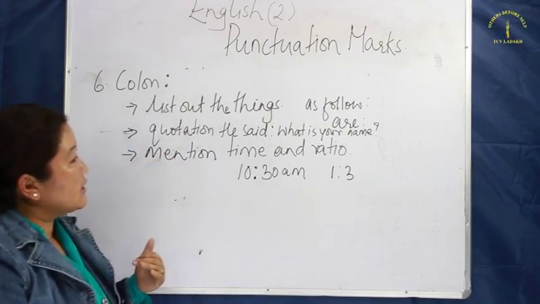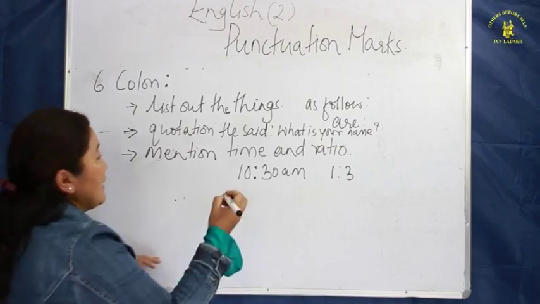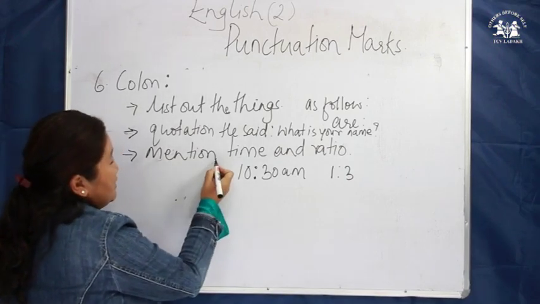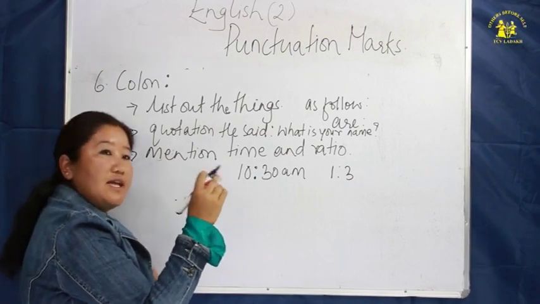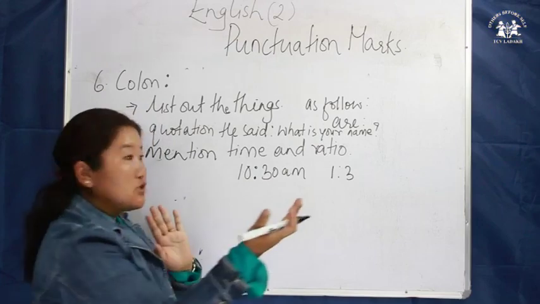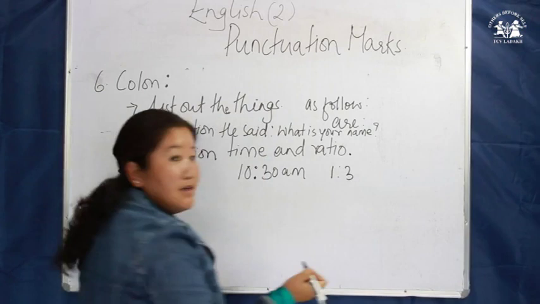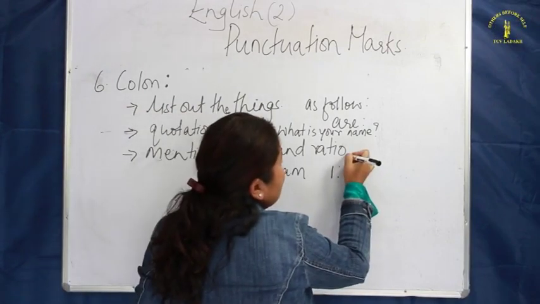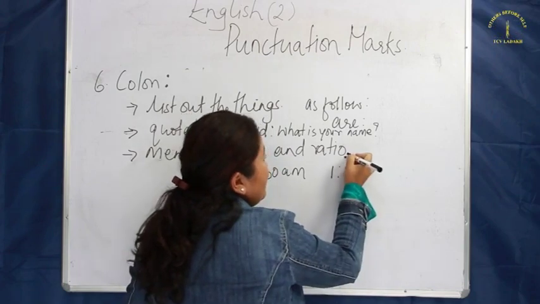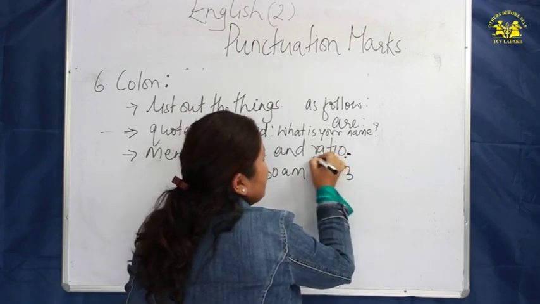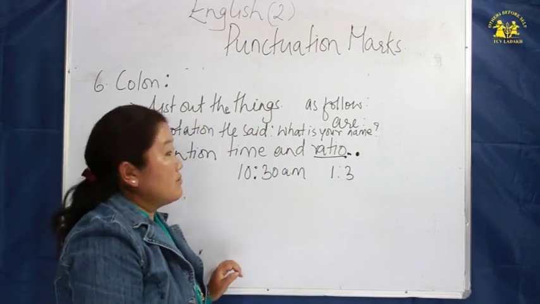Now, the important thing is that whenever you use punctuation marks, when you write a word, don't leave a space before the punctuation mark, but you have to leave a space after it. For example, if you put a full stop, you don't leave so much space. Others write a huge space before punctuation marks.